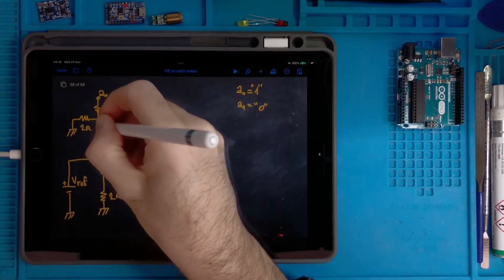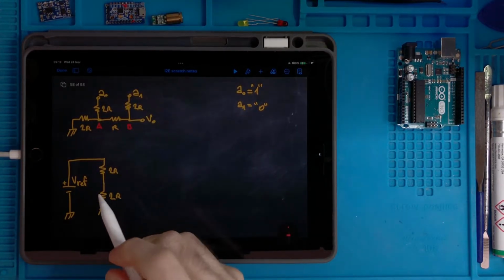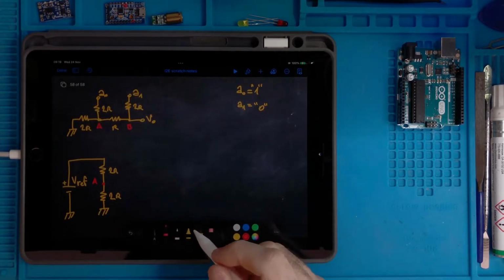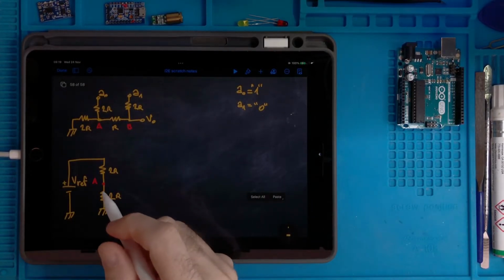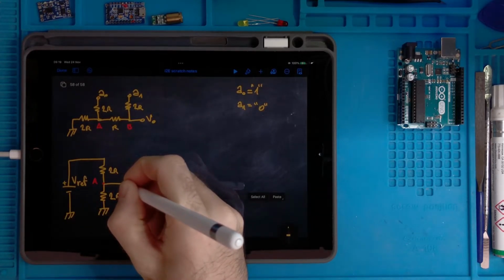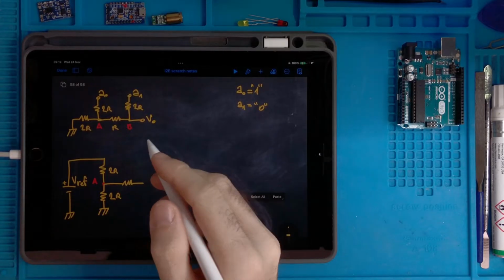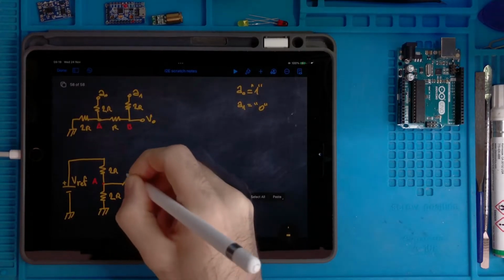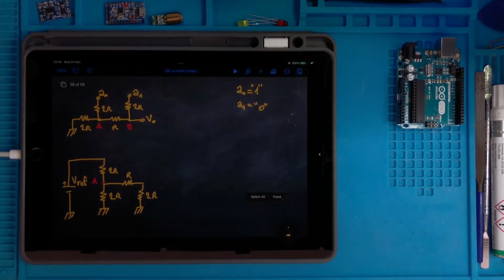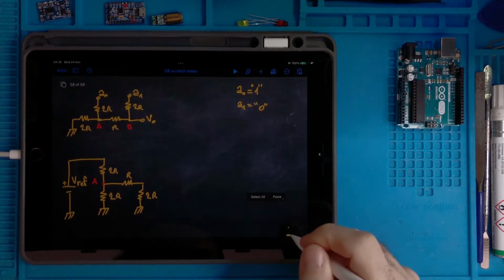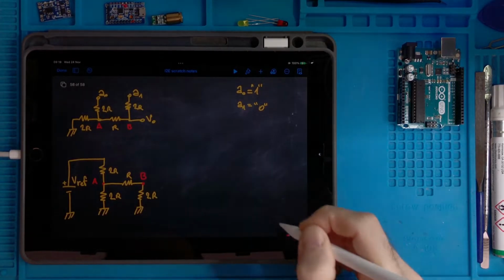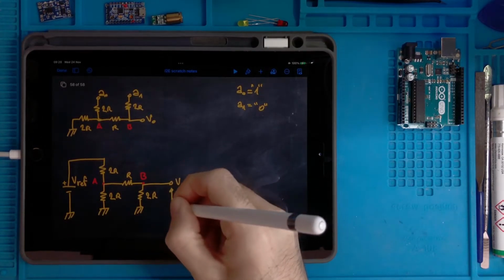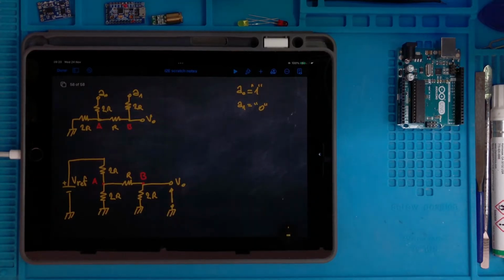Let's also put the name on the nodes. Here, this is the node A. Then we have our resistor R, and this one is like this. R and 2R, and the output is here, B. So now this is the voltage we want to calculate.